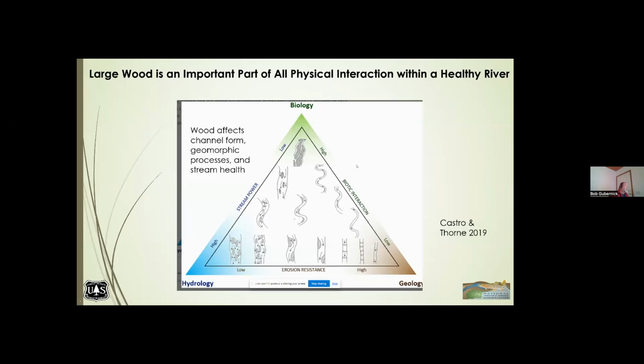Some of the biological species will enjoy lower gradients, deeper pools, things like that. When you get to higher gradient channels, less so. Again, this just shows the interaction between the geology, the hydrology, and the biology.